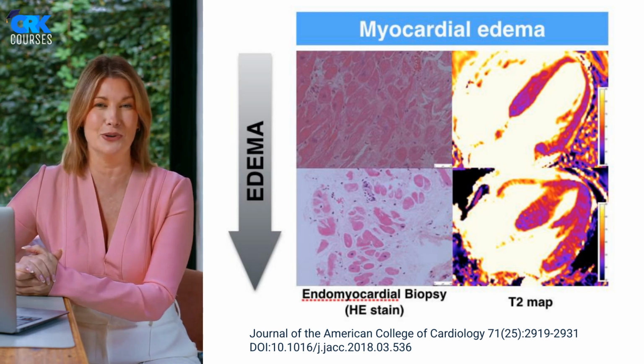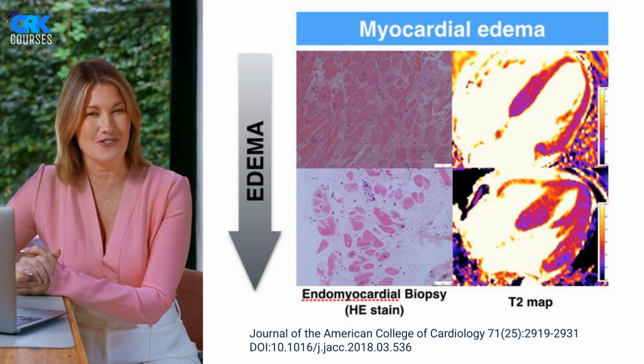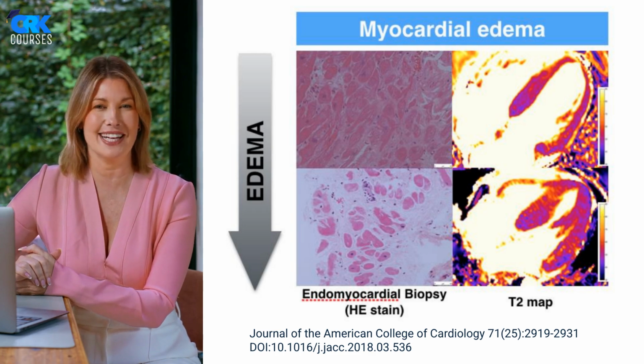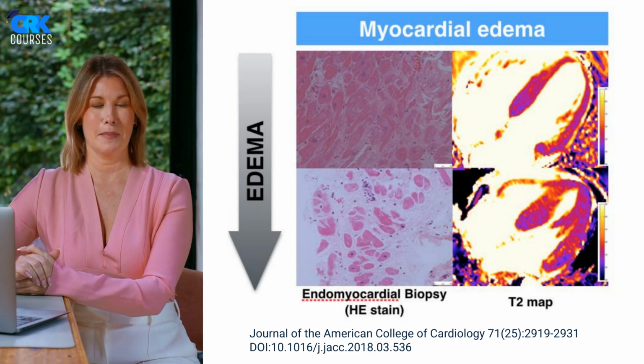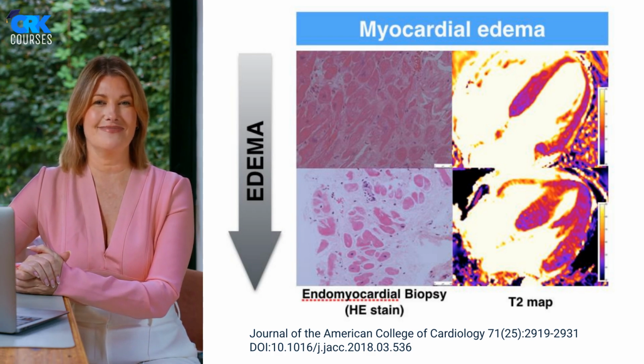Elevated T2 has also been linked to worse prognosis, making it a potential biomarker of risk and a target for therapeutic monitoring. So, while not routine yet, T2 mapping is becoming a valuable piece of the puzzle, especially in cases with uncertain progression or atypical features.